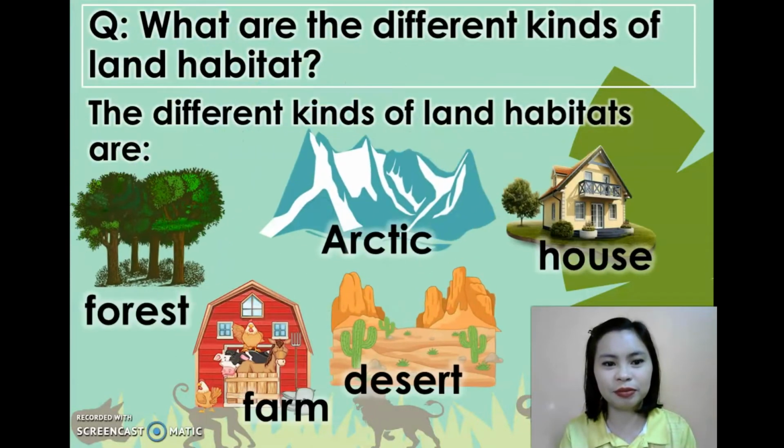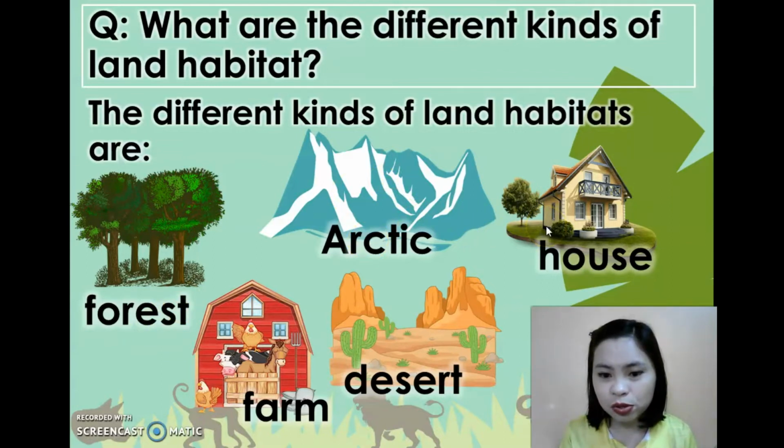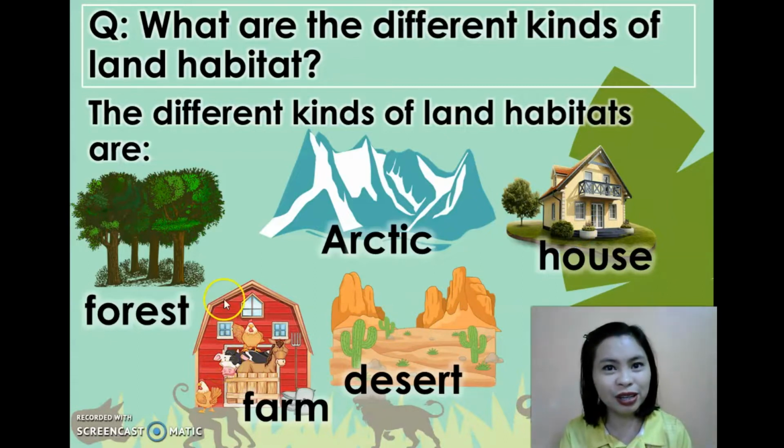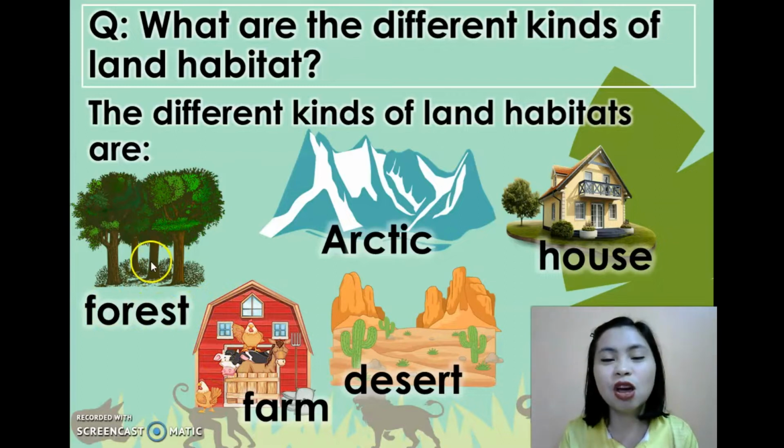here we have forest, Arctic, house, desert, and farm. One more time. Forest, Arctic, house, desert, and farm. Okay, your turn. Can you say it with me? Ready?